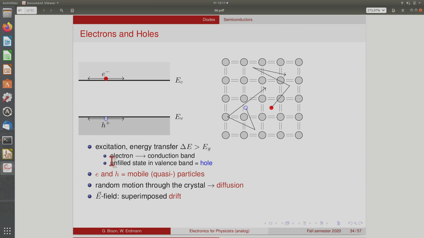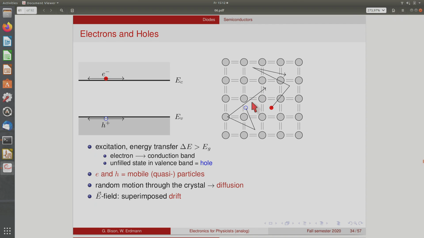In a silicon crystal, both the hole and the electron can be considered or should be considered as real particles or quasi-real particles. So they can move around and they have a charge. So the electrons obviously have a negative charge, they can move around, but also the hole must be considered as a positive particle that can move around.